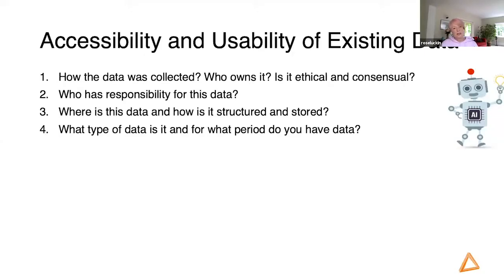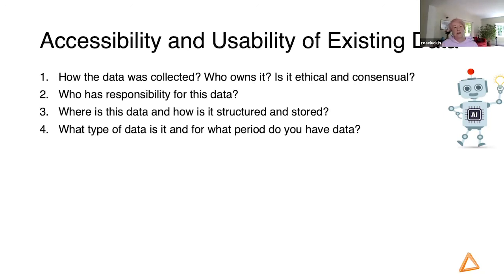In addition, we need to think about how accessible and usable the existing data that we have is. And remember, step 4 that we'll go on to in the next webinar is about collecting additional data to help you understand your challenge. What we're talking about today is your existing data.